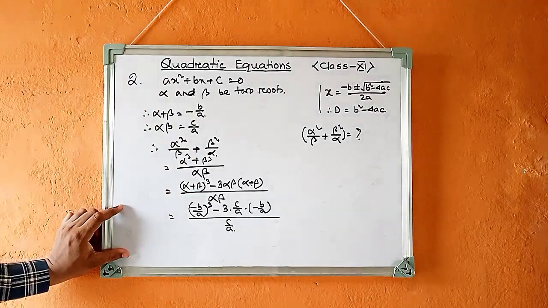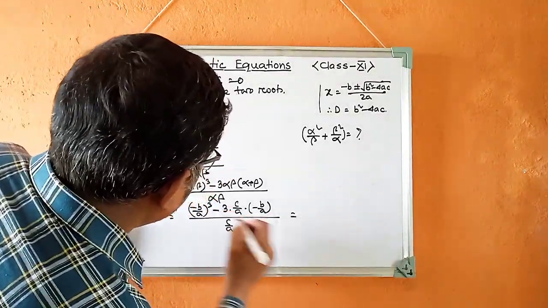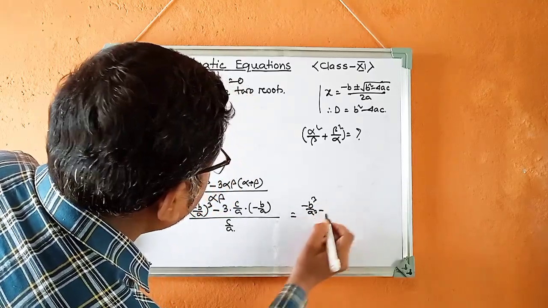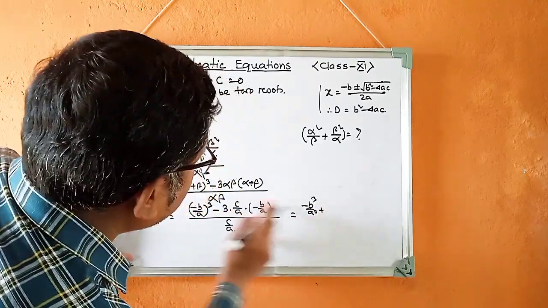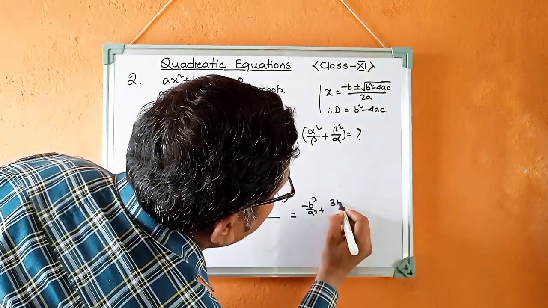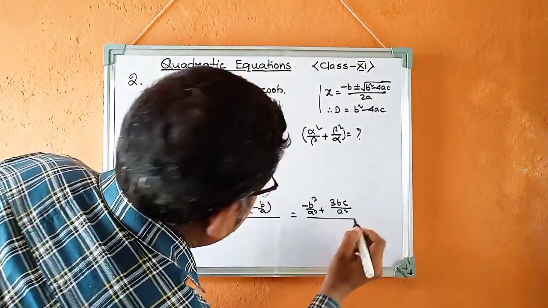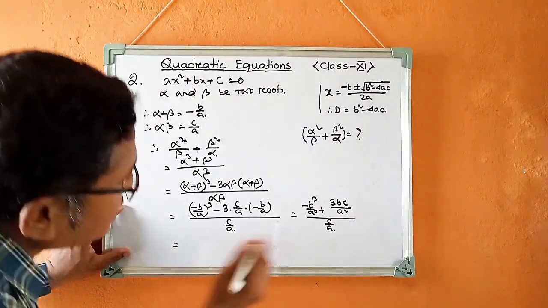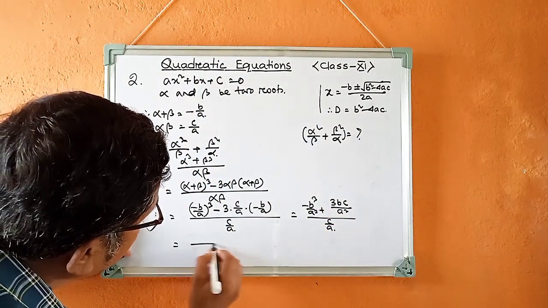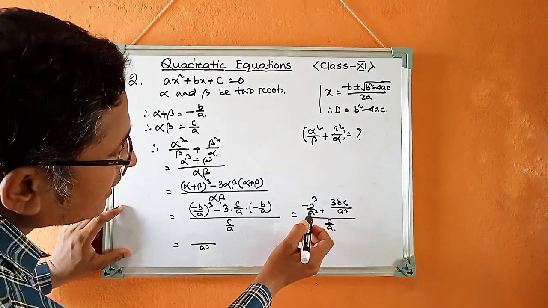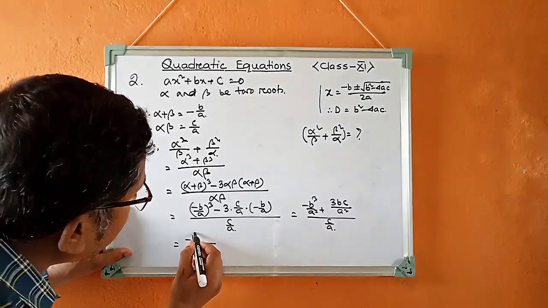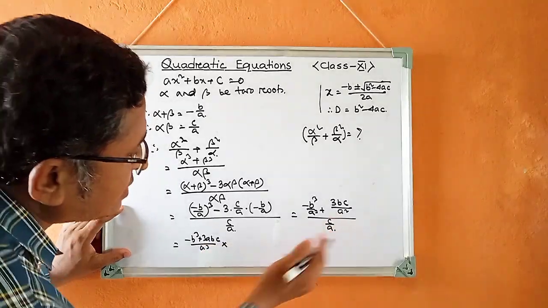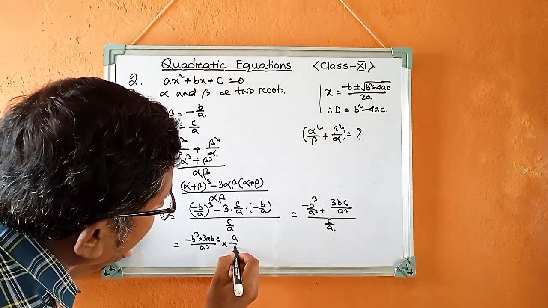Clear everyone? Now calculate. Here we get minus b cube divided by a cube, plus 3bc divided by a square, divided by c divided by a. Now do the LCM. a cube is the LCM, and here is minus b cube plus 3abc, into, here c by a, reciprocal it, a by c.